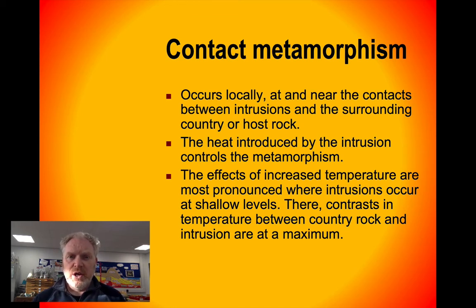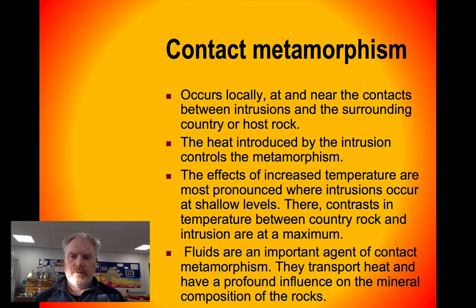The highest grade will be immediately next to the igneous rock. The further away we go, the lower the grade of metamorphism, the less rock has been metamorphosed, until we reach a point where the metamorphism stops. Fluids can be important. We're not going to worry about those too much.